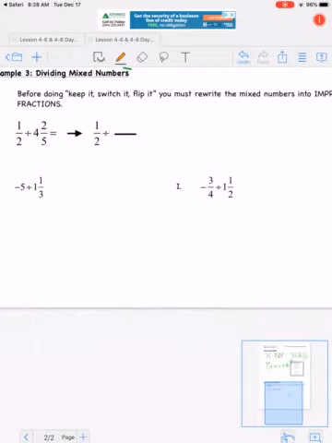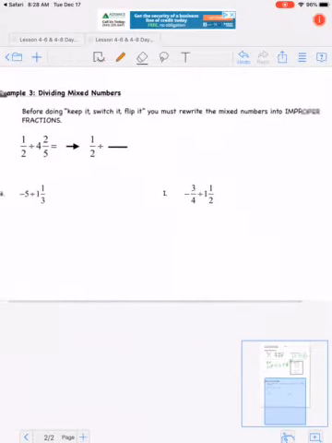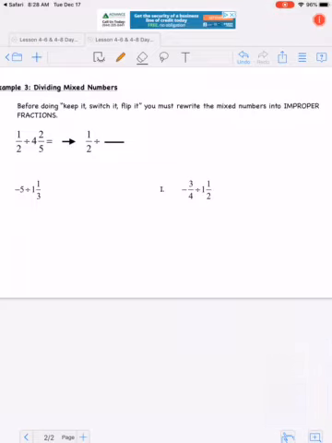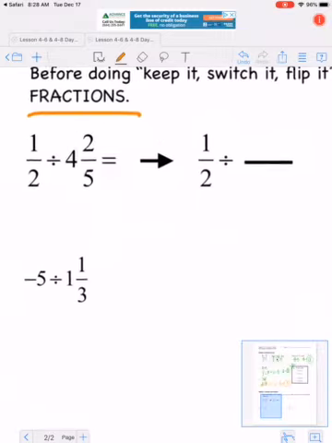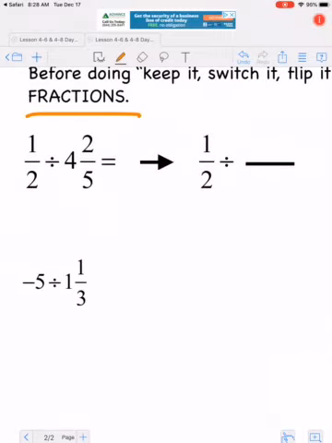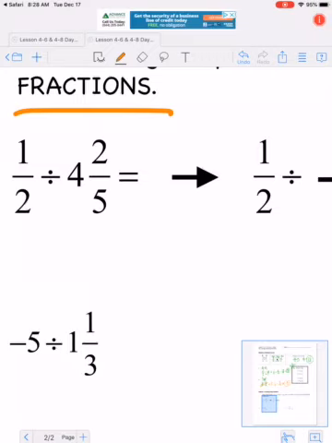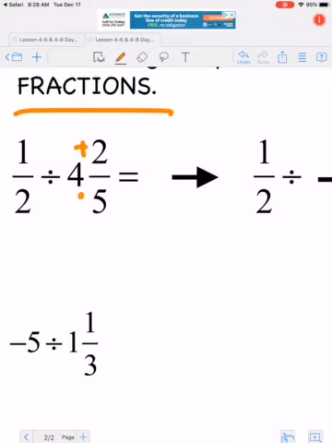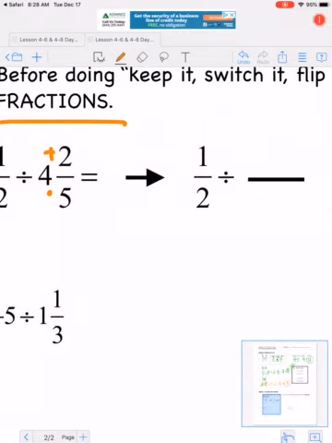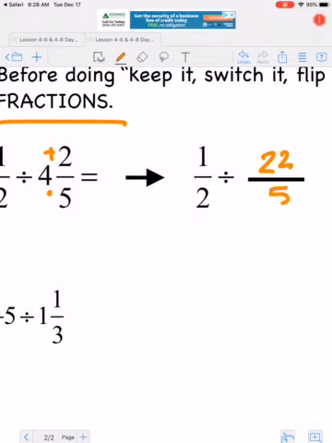Okay, and then the last section here is dividing mixed numbers. Before doing keep it, switch it, flip it, you must rewrite the mixed number as an improper fraction. For the first one here, we have 1/2 divided by 4 2/5. So we're going to make this into an improper fraction. That would be 4 times 5 is 20, plus 2 is 22, so 22 over 5.